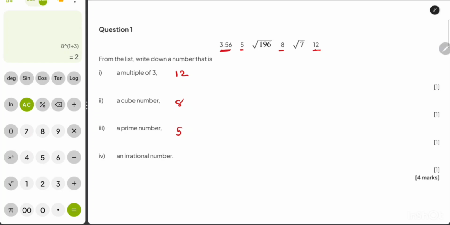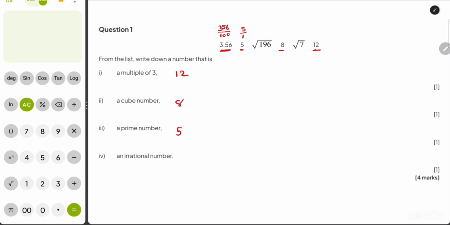Now this 3.56, because it's terminating decimal, you can easily convert it into p by q form like this, 356 upon 100. So obviously it is rational. 5 can be written as 5 upon 1, it's in p by q form, so obviously it is rational.